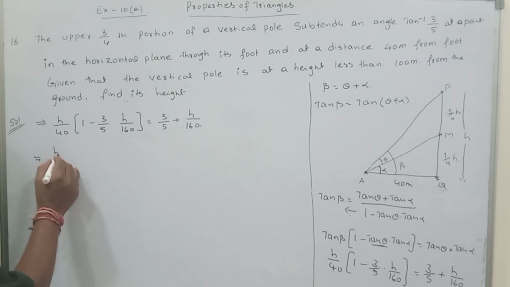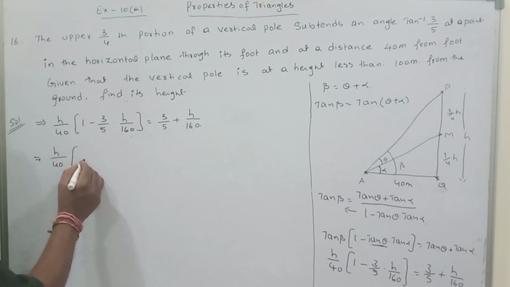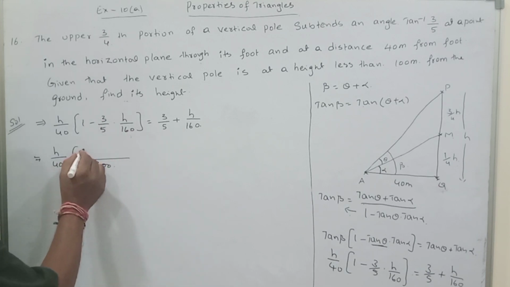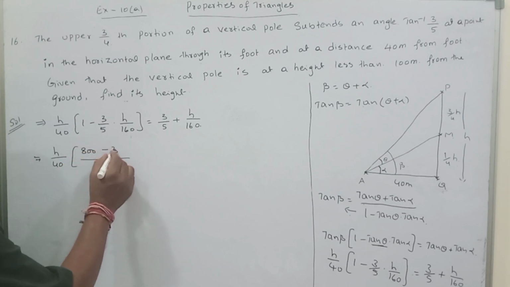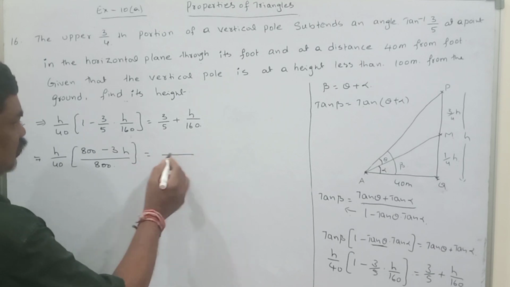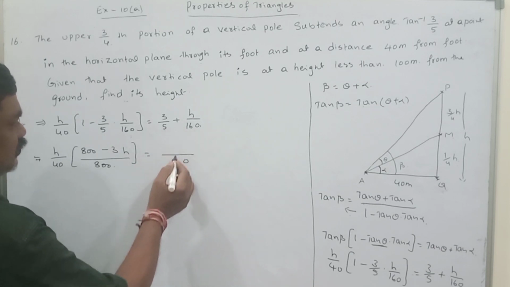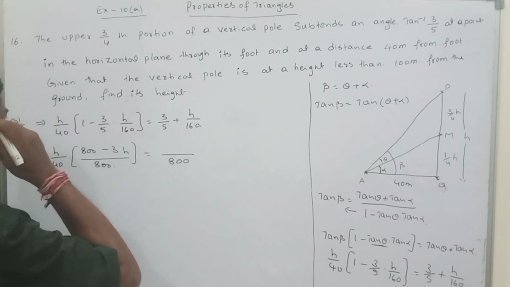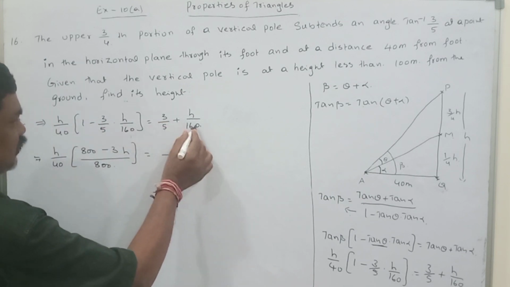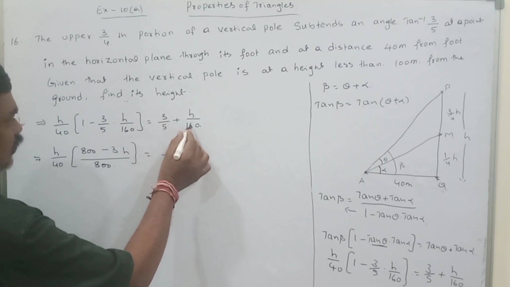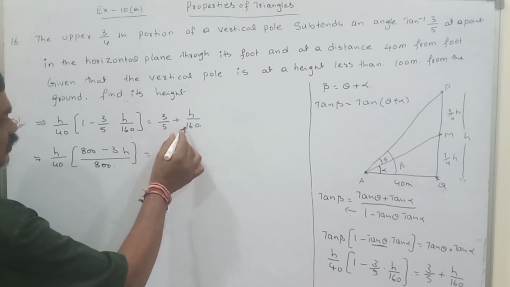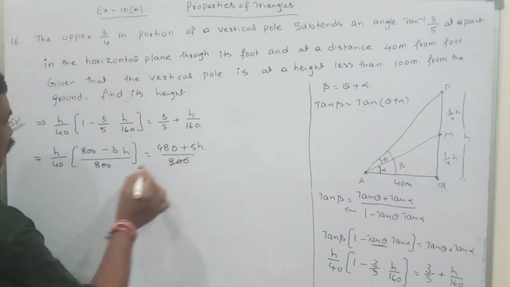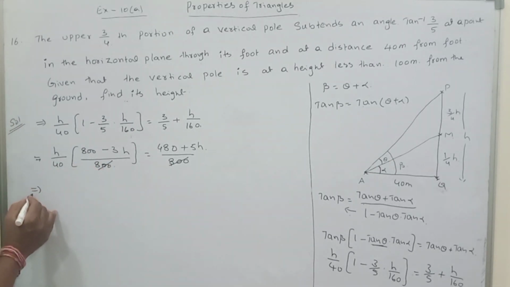So this implies H by 40 of, taking the LCM 5 into 160, which is 800, (800 minus 3H) by 800 is equal to (480 plus 5H) by 800. The 800 cancels.